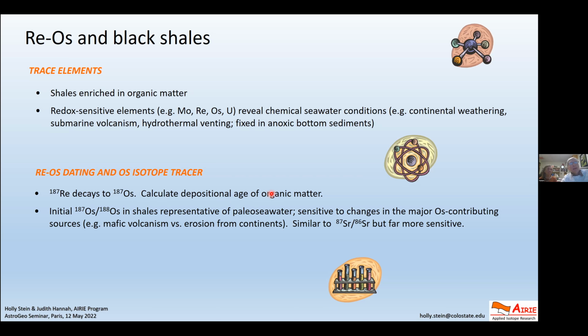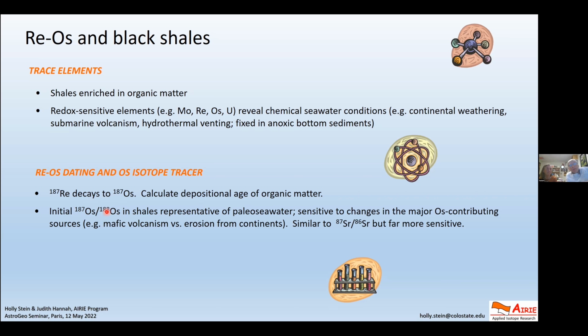And then I will go through this, but one of the things that falls out with the dating is this tracer. It's just like the rubidium strontium isotope tracer. We're more familiar, that's been in textbooks longer, but it's a tracer that tells you something about the seawater at that time. Very briefly, if you have the mantle value for 187/188, it is about 0.12 to 0.15 today, very low.